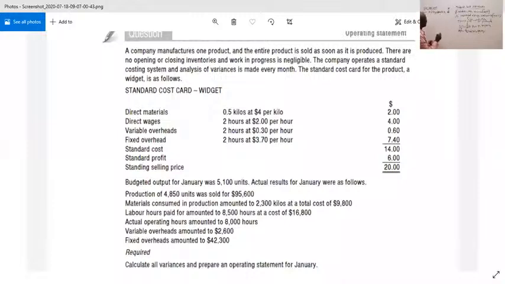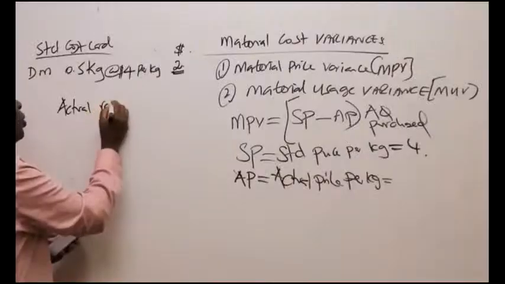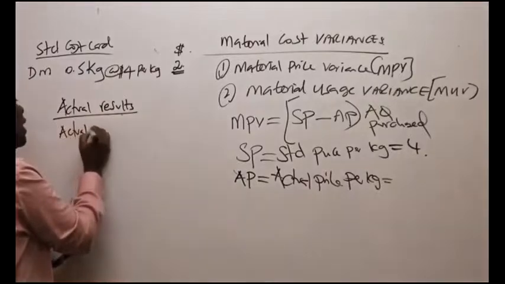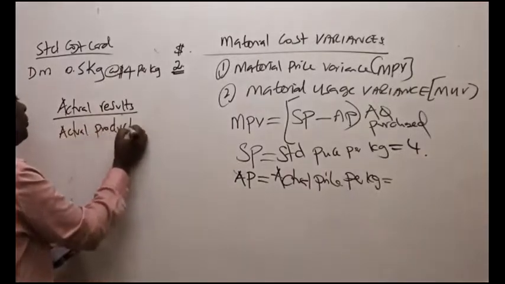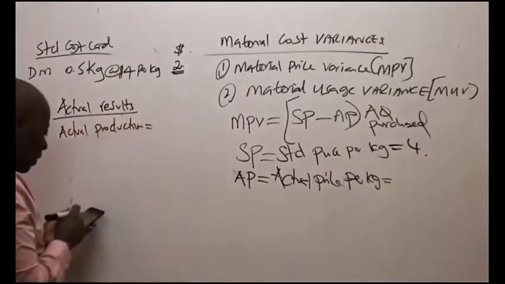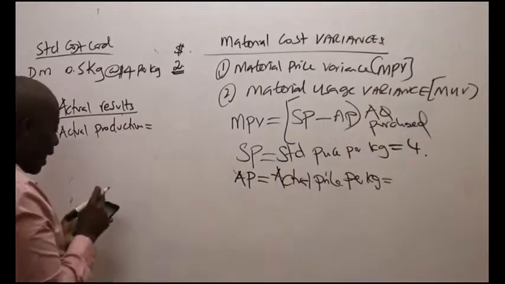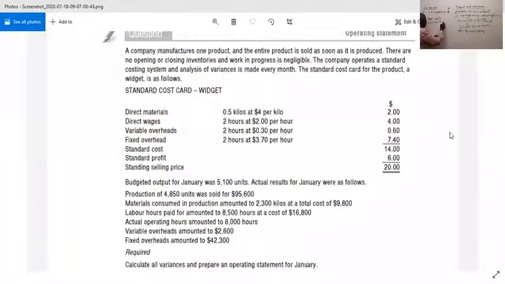We have the actual results there. In these actual results, they have given us the actual production. If you're able to see your question very well, they have told us the actual production was 4850 units.